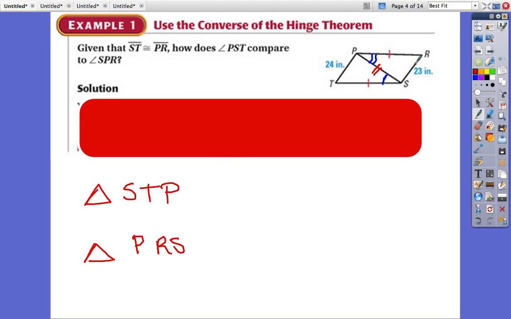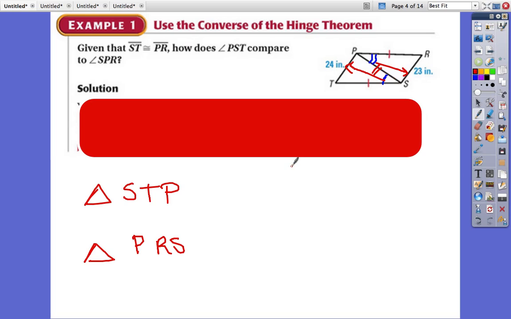They're not congruent because TP is 24 and RS is 23. So that means that if you look, angle S, or angle PST, is opposite the side length of 24. Angle SPR is opposite the side length of 23.